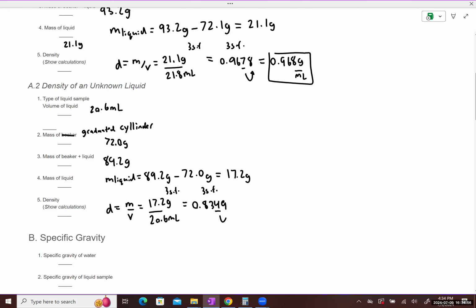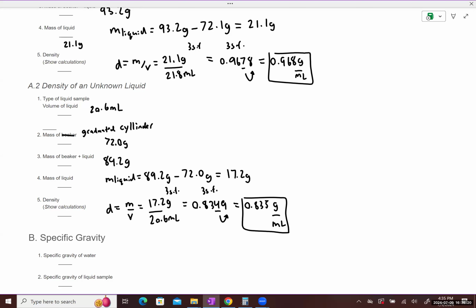As a result, we look 1 space to the right, 9 is greater than or equal to 5, and thus we round up. That gives us 0.835 gram per milliliter. As you notice, the unknown liquid has a substantially lower density than that of water.